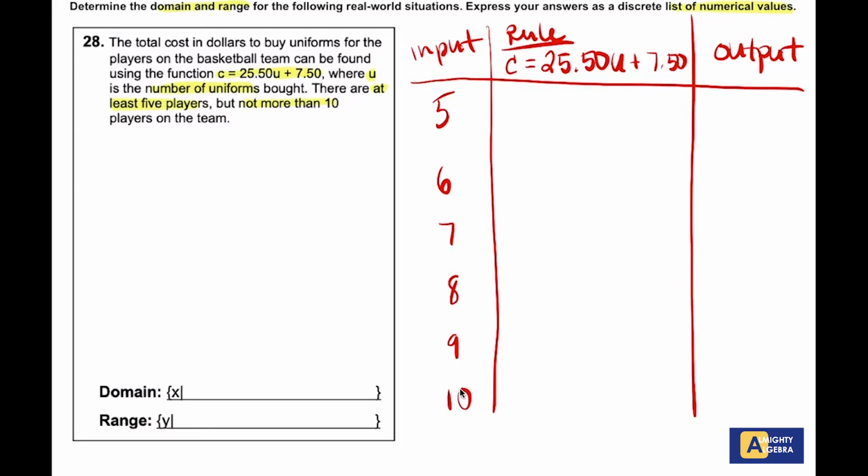What I'm going to do with these inputs is substitute them into the function rule where I see the U. So this first question is going to look like this. C equals 25.50 times 5 plus 7.50.